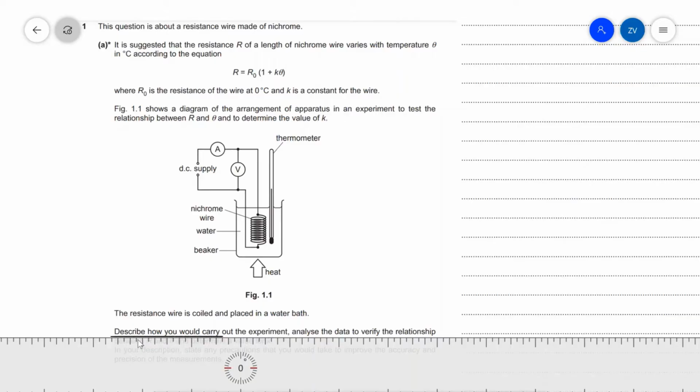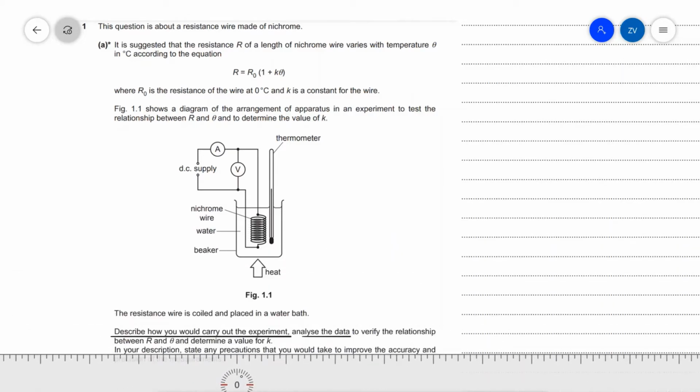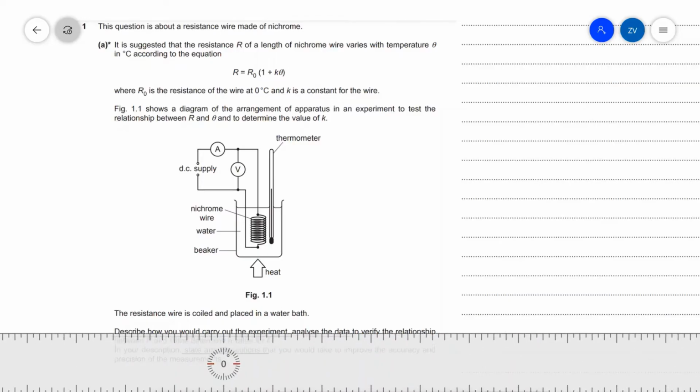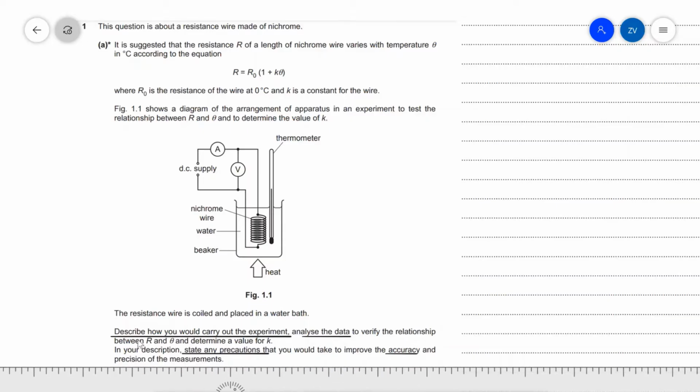I need to describe how I would carry out this experiment, how I would analyze the data to verify this relationship. In my description, I should state any precautions, using them to improve both the accuracy and the precision of the measurements. Okay, let's get started.